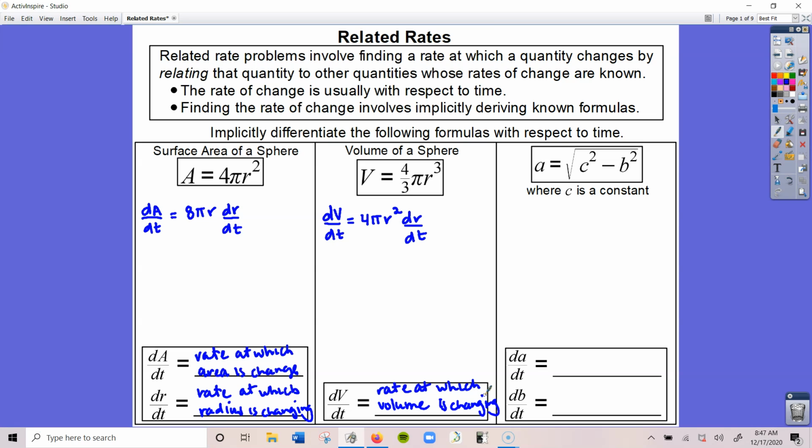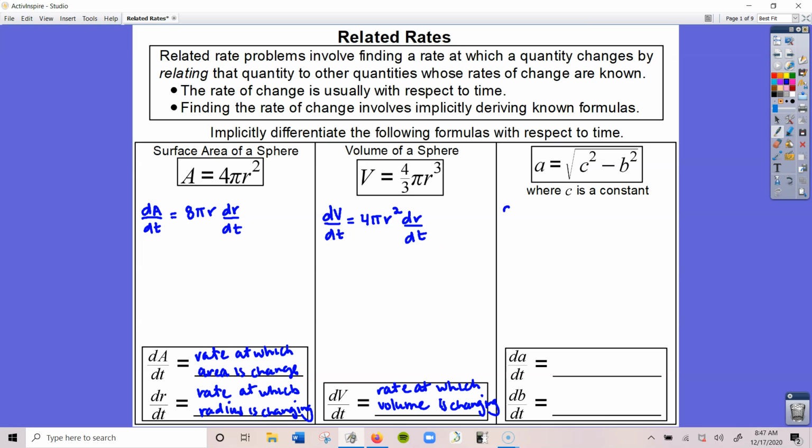The next equation represents the Pythagorean theorem, but solved for a leg. So A is equal to the square root of c squared minus b squared, where c is a constant, so it does not represent a variable, so we don't have to find the derivative of c with respect to time since it's just a number.